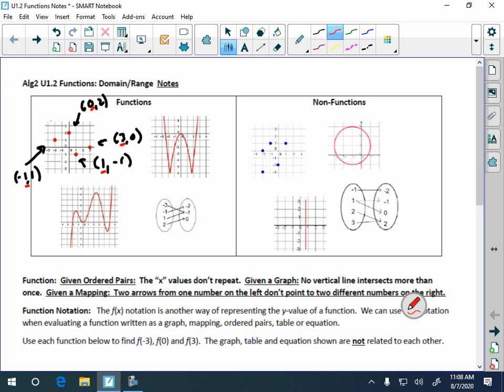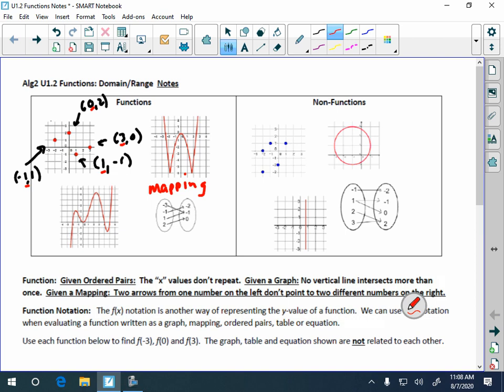Now, in this last one, this is called a mapping. A mapping has values on the left side and values on the right. The left side values are input values, and the values on the right are called output values. Each of these have arrows going from the left side to the right.